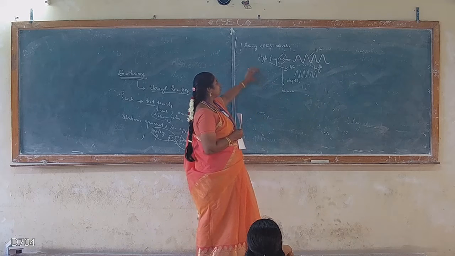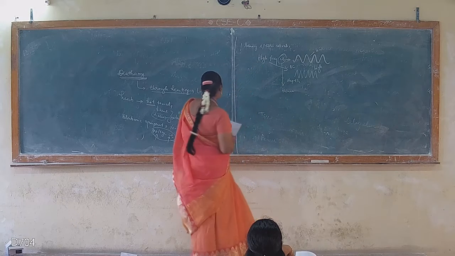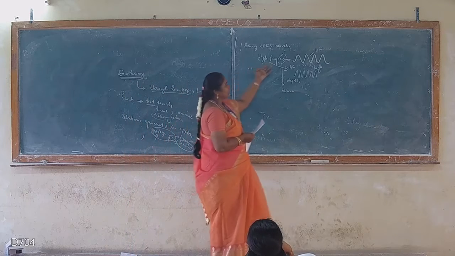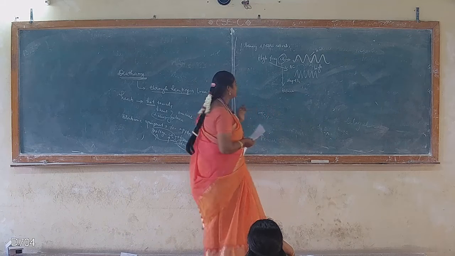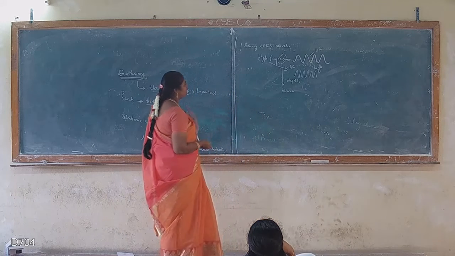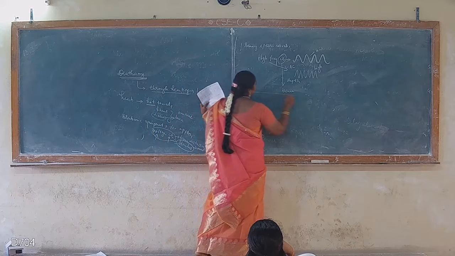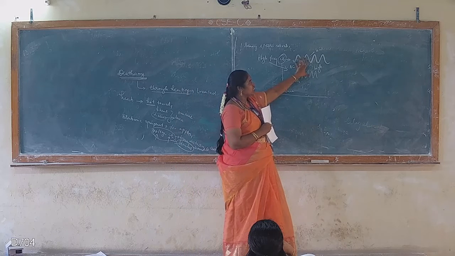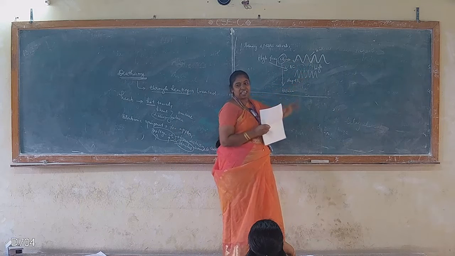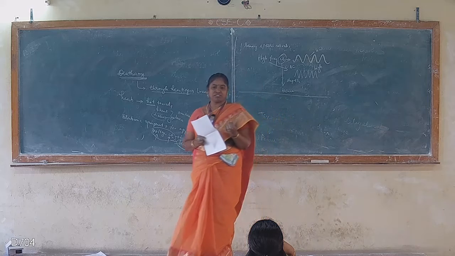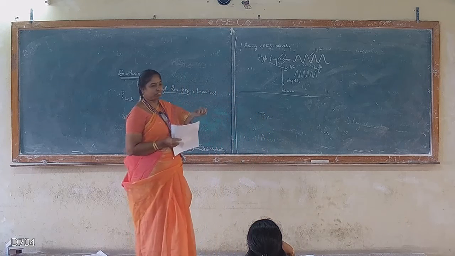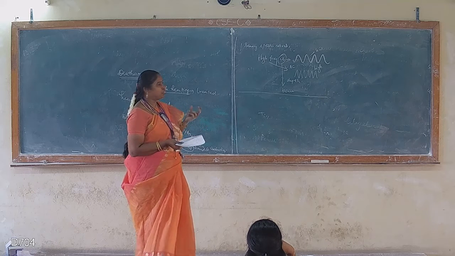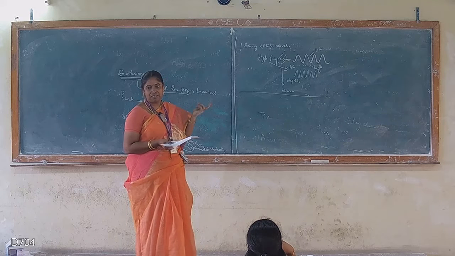That is why, instead of applying just voltage and current straight away to the human body, we are choosing a high frequency current. This high frequency can be in terms of kilohertz, megahertz or simply hertz, depending on how high the frequency is.